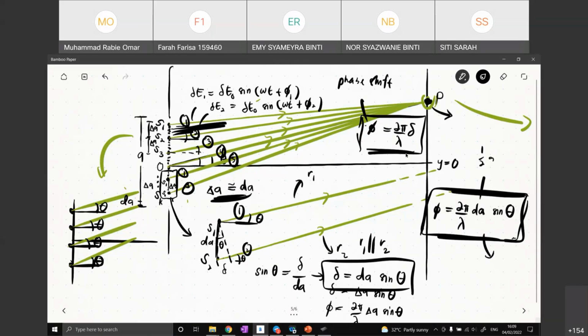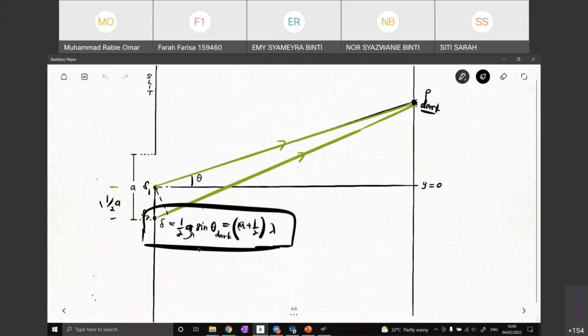For the diffraction pattern, I'll be using this. And then you have another equation, which is this guy. This is just a simple equation using half of A here. The purpose of the equation is to know the dark positions. The dark position can be here, here, here, here, here, or here.